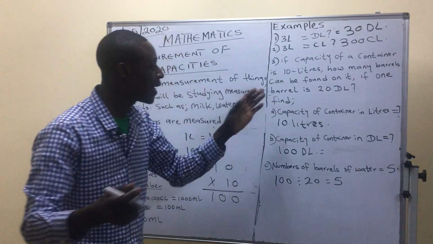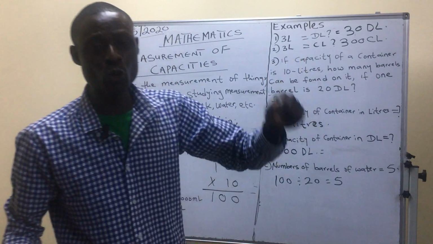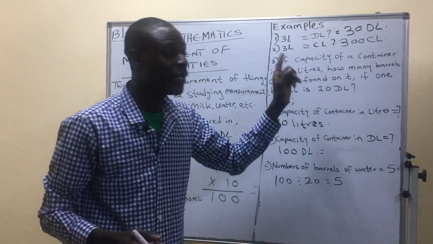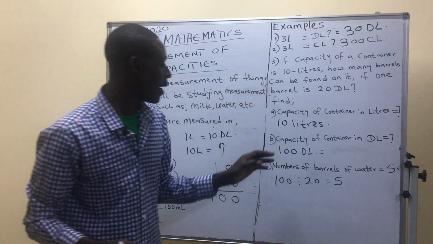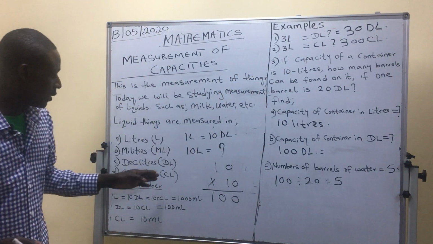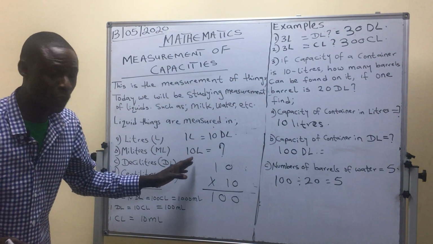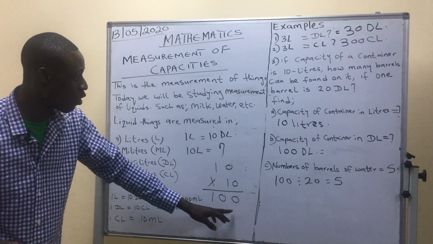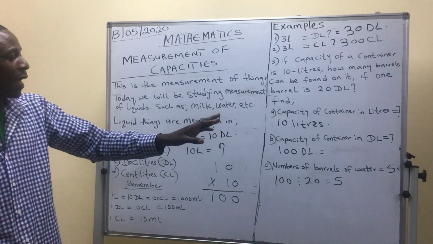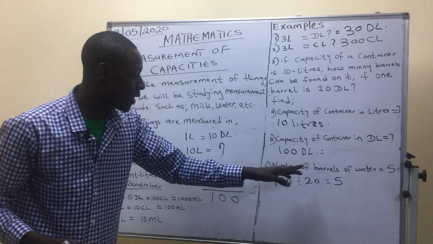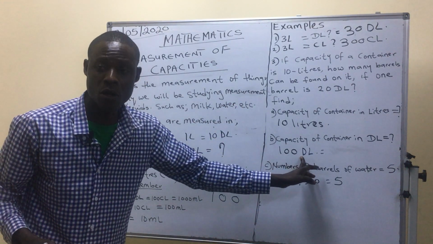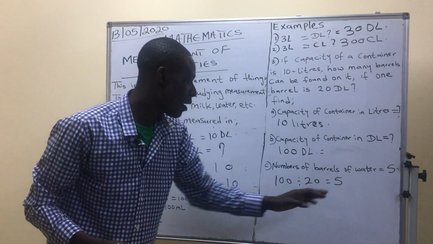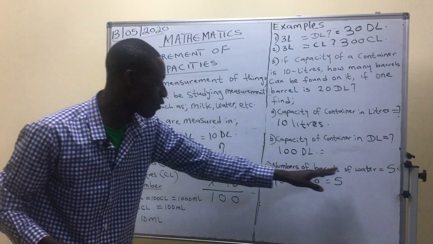Now you have to convert liters to deciliters by following the steps we did here. That is 10 times 10. It gives you 100. It means the total number of deciliters is equal to 100. Now, the number of barrels of water. How can we find the number of barrels of water?